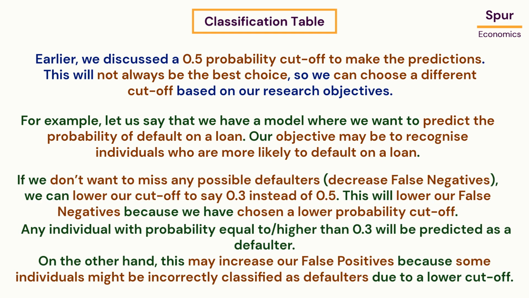If we don't want to miss any possible defaulters and decrease the false negatives, we can lower our cutoff to say 0.3 instead of 0.5. This will lower our false negatives because we have chosen a lower probability cutoff. Any individual with a probability higher than 0.3 will be predicted as a defaulter. On the other hand, this may increase our false positives because some individuals might be incorrectly classified as defaulters due to a lower cutoff.